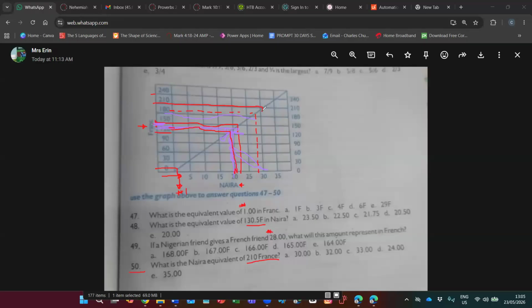Should we go with 30? Because it looks like 30 is the closest. Should we go with 30? I'm not hearing you. Should we go with 30?